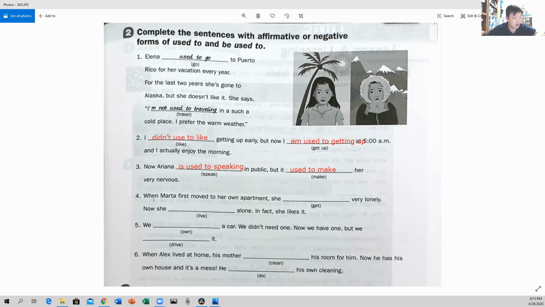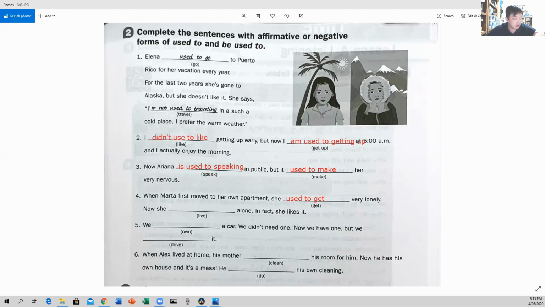Let's keep practicing. Number 4, when Marta first moved to her own apartment, this is something in the past, not true anymore. She used to get very lonely. Now, this is something that she's accustomed to now.